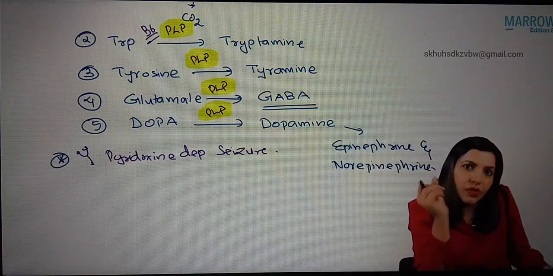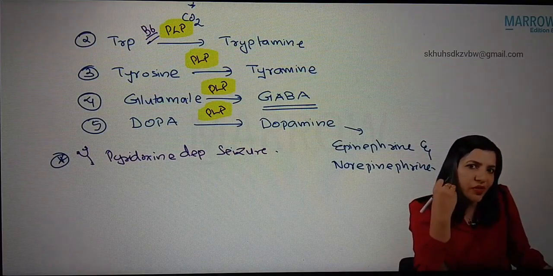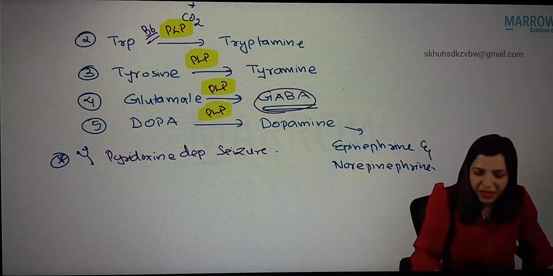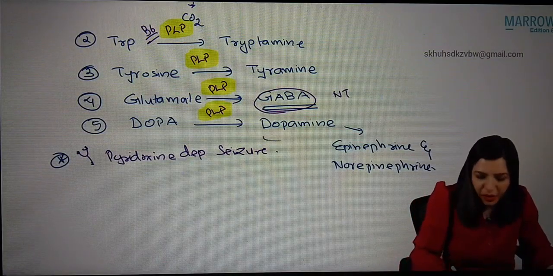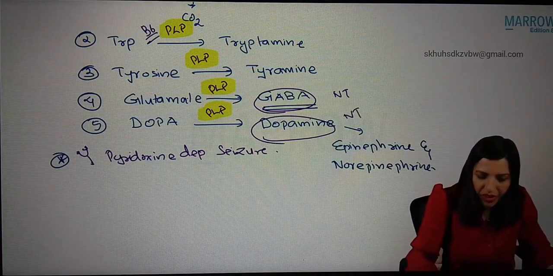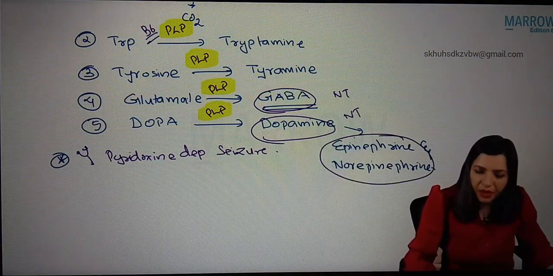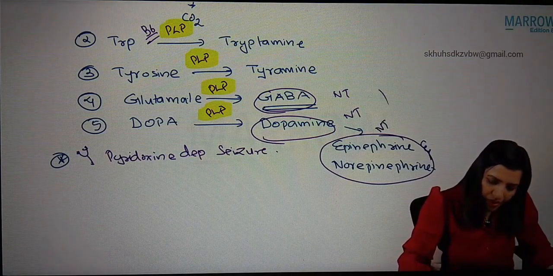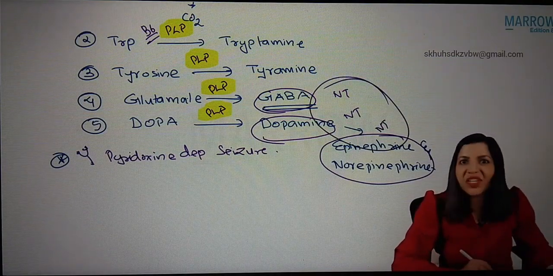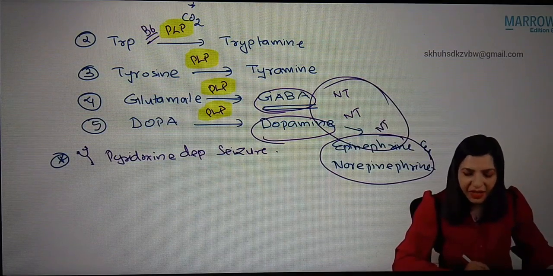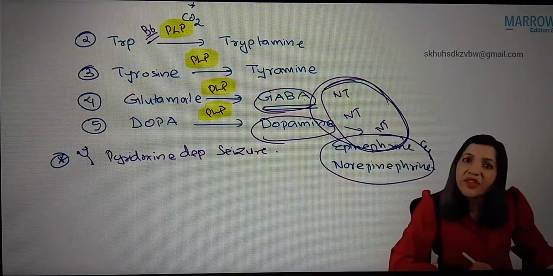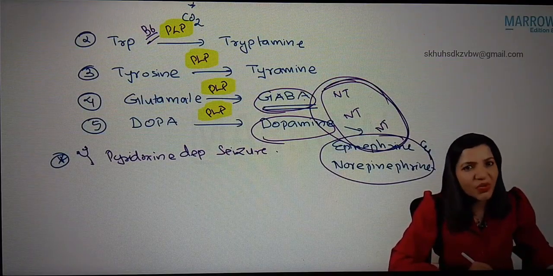What is the biochemical reason for this? GABA is a neurotransmitter. Dopamine, again another neurotransmitter. Epinephrine, norepinephrine, all these are catecholamines. So they are all neurotransmitters, which means if there is a B6 deficiency, there is a gross deficiency of all these neurotransmitters, which will affect the brain and lead to seizure.